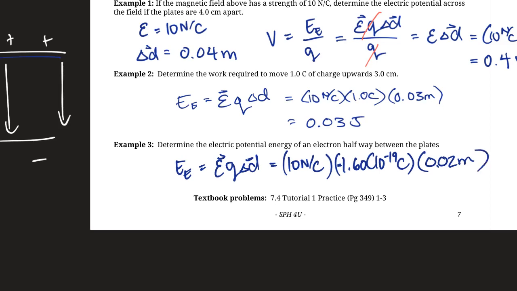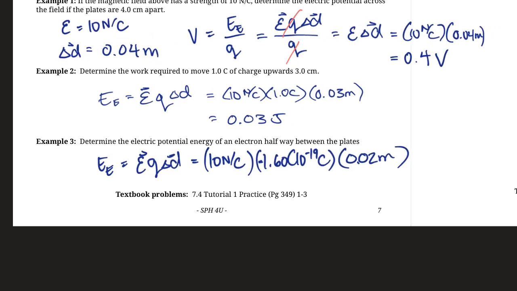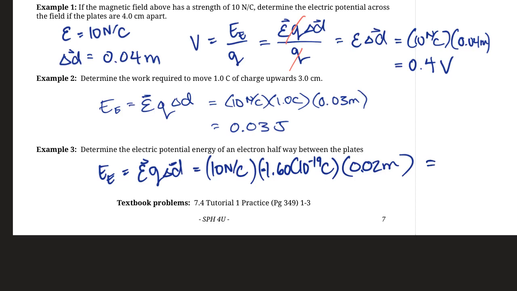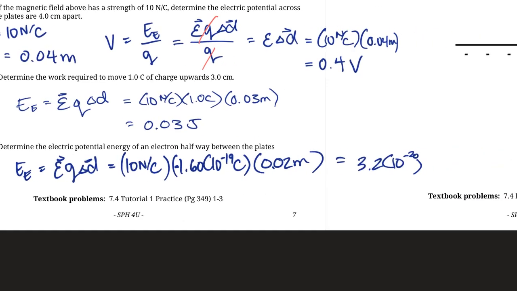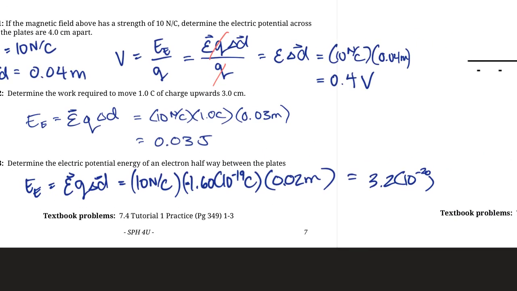When we calculate this, we should get a small number, 3.2 times 10 to the negative 20, because the charge is so small. And this is energy, so it's in joules. So a tiny amount of energy. Oh, and it comes out negative. Sorry, I keep forgetting about the negative.